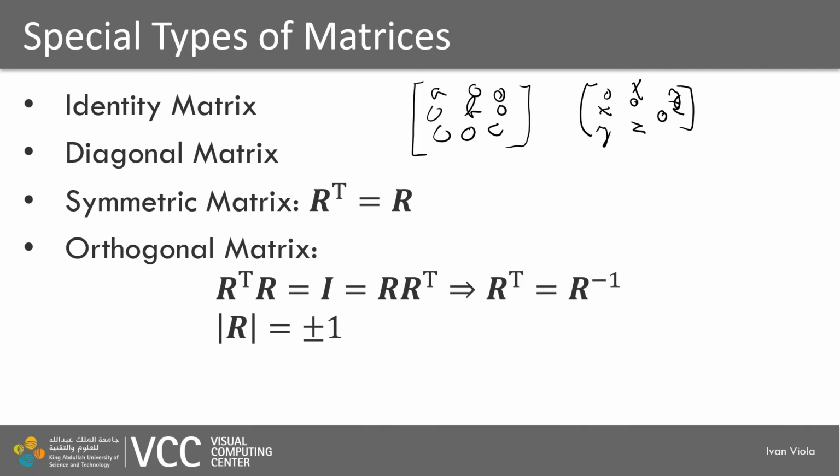In such a case of an orthogonal matrix, the transpose of the orthogonal matrix will be the inverse of the matrix.